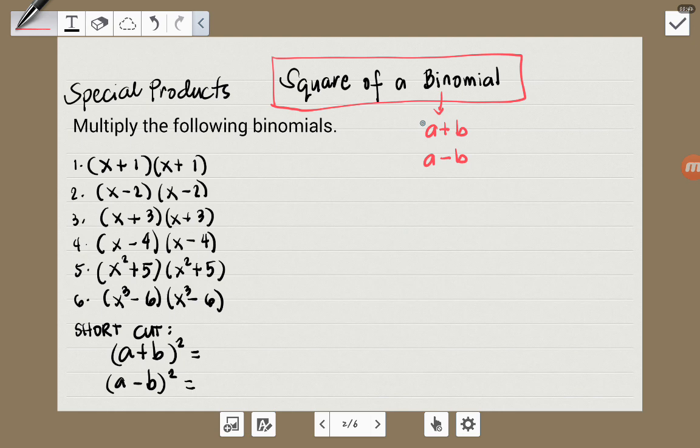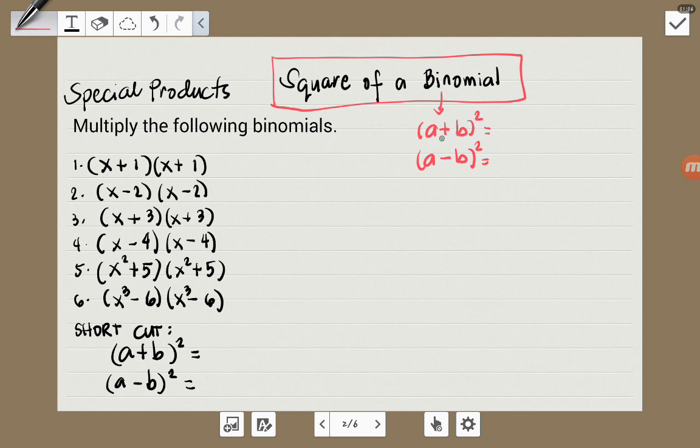At kapag in-square mo daw siya, meron daw shortcut o madaling way para masagutan mo kaagad ito. So, yun ang ibig sabihin ng square of binomial. Ano ba ang ibig sabihin ng square of a plus b?